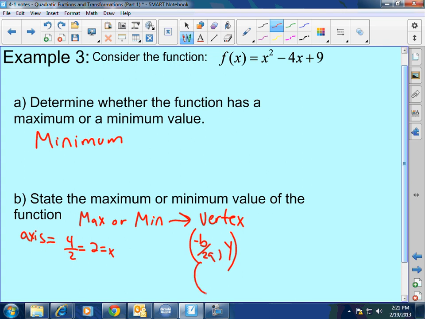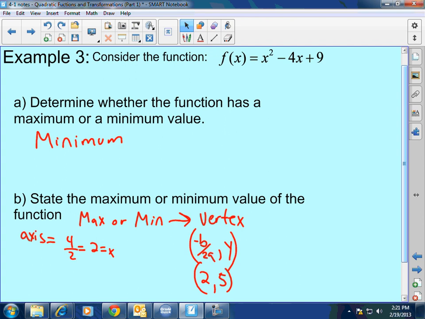Now plug that in and find the y. 2 squared is 4, minus 8, that's negative 4, plus 9, 5 is my minimum. Does that make sense? Does that make sense, boys?